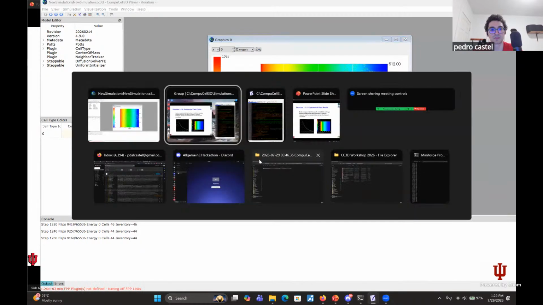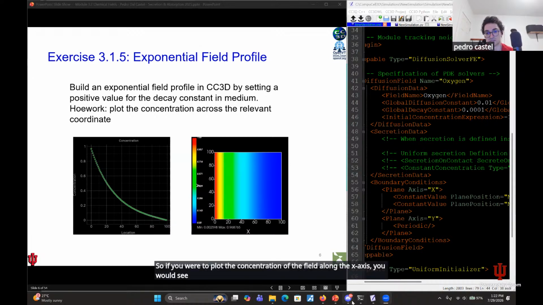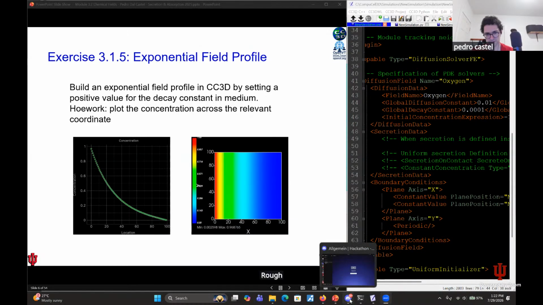Okay. Any problems with this exercise? Just setting a decay makes your field an exponential profile. So if you were to plot the concentration of the field along the x-axis, you would see roughly an exponential shape. Mathematically, truly, this is not an exponential because of the boundary condition.